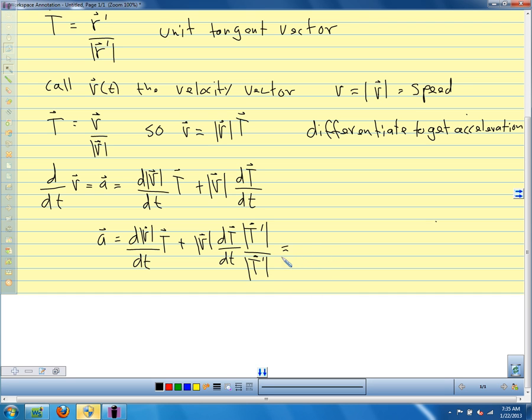So this equals d/dt of my speed times my unit tangent vector plus the speed times T prime, the derivative with respect to time of the unit tangent vector is just T prime. So I get T prime over the length of T prime, the magnitude, times the magnitude of T prime.